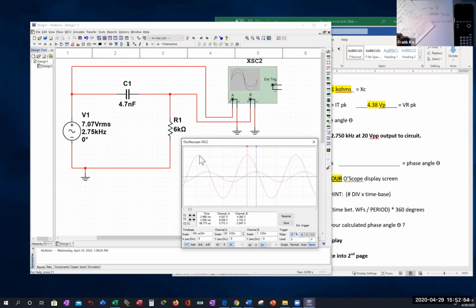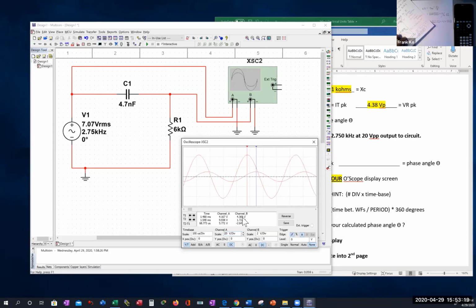If I call that out as 2.2 divisions times 2 volts, what is my volt peak on that resistor measured on the oscilloscope? Doesn't that come out to be a 4.4? And if you look at this, this one actually tells me on channel B what my peak is, 4.39.